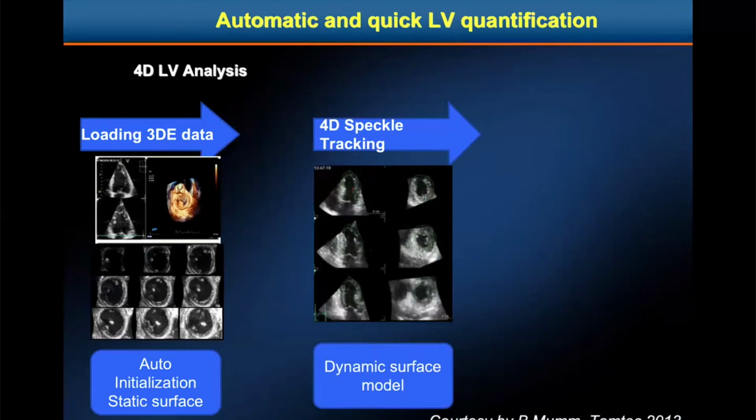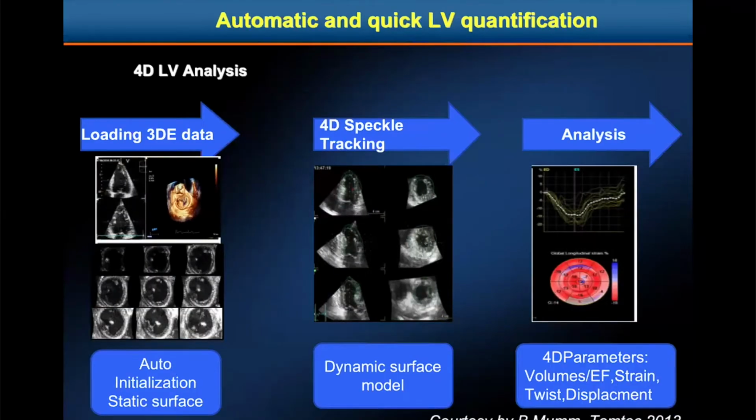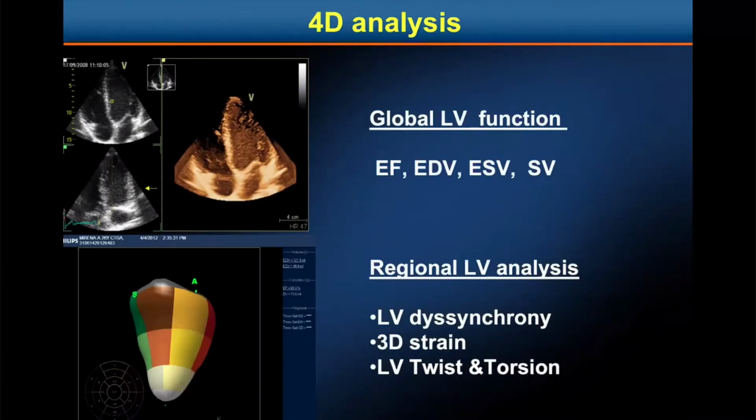Then we could perform this 4D speckle tracking with the dynamic surface model, and analyze these 3D and 4D parameters like volumes, ejection fraction, strain, twist, and displacement, which is very useful when we have a few minutes to analyze the whole left ventricle on the machine.